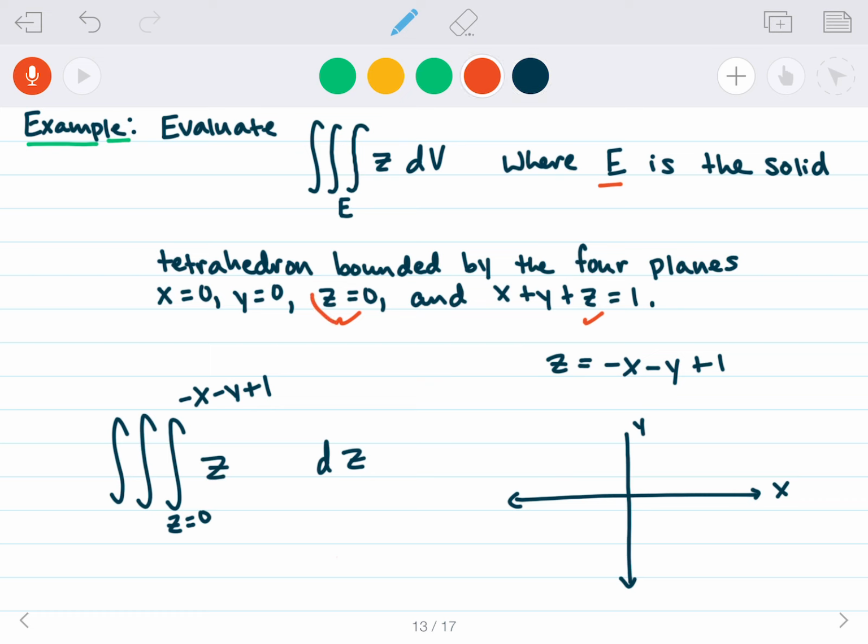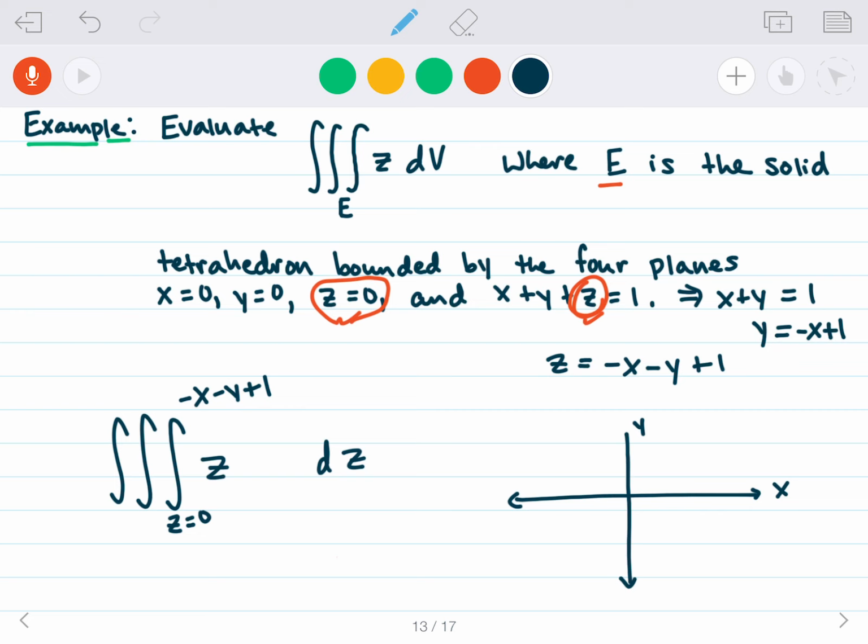So z is equal to 0, so if I put z equals 0 in here, I get x plus y plus 0 equals 1. And then if I solve for y to put it in the form of a line, I get y equals negative x plus 1.